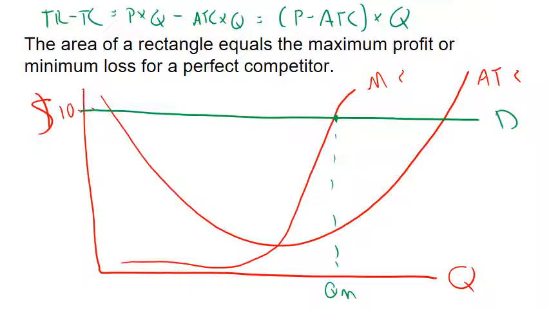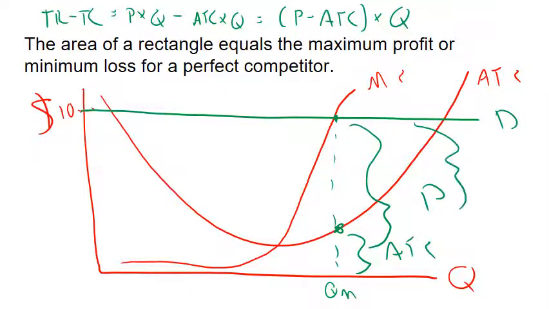The height to the demand curve is price. The height to the average total cost curve is average total cost. So the difference between those two curves, the difference between point A and B, is the difference between price and average total cost.